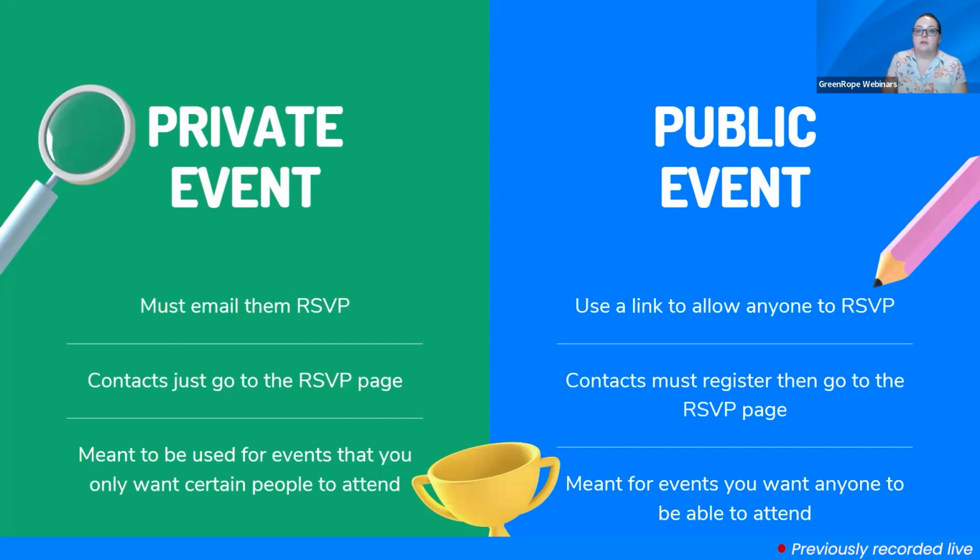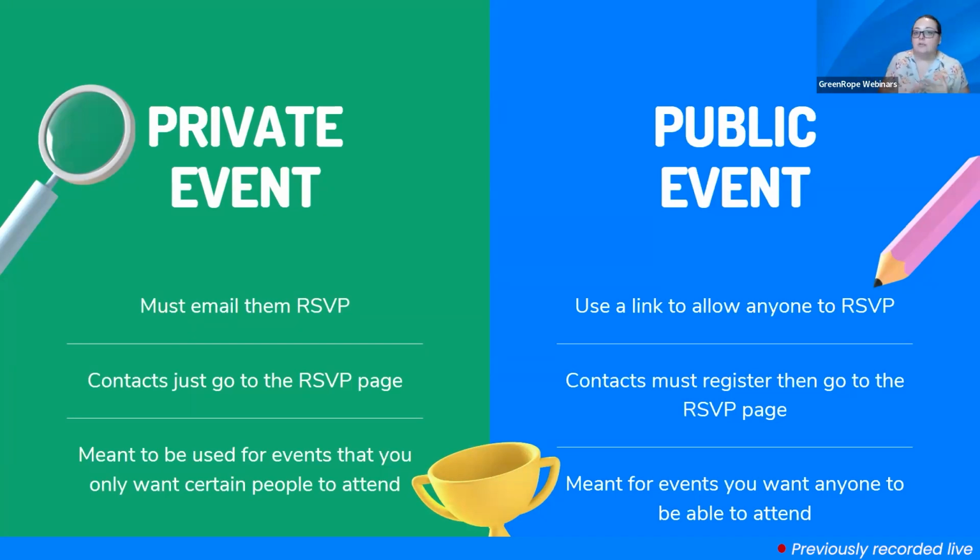It's also a good way of making sure you're not getting spam or bot registrations, or people saying they're going to attend but they're not real people, because you can have a captcha tied to it. So it's kind of a splash page that makes sure this is a real person, adds them as a contact, and then takes them to the RSVP page where they can finish registration and do the registration options, paying and stuff like that.